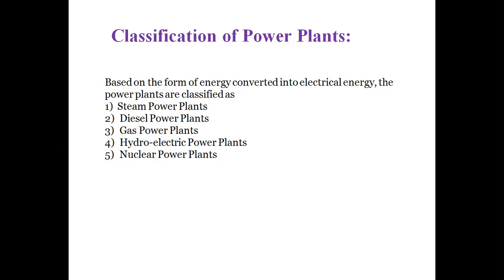And next one is the gas power plants. Gas power plants use gas turbines as prime movers, where the working medium is the gas. The air compressed in the compressor is supplied to the combustion chamber. From the combustion chamber, it is expanded in the gas turbine to produce the mechanical power. This gas turbine is connected to an alternator to generate the electric power.